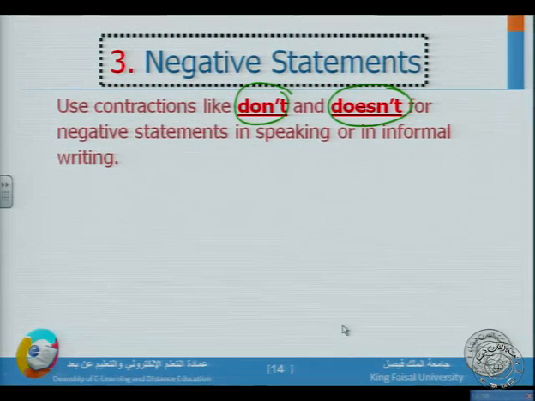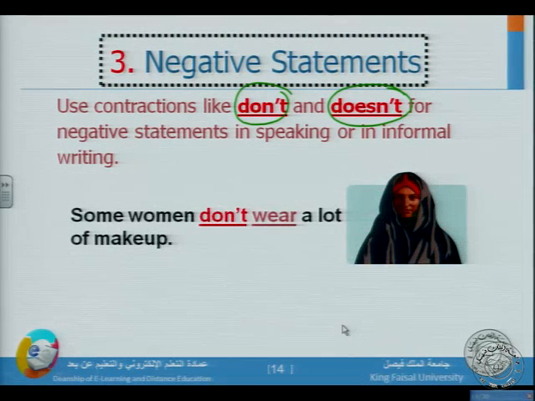So we use these contractions for negative statements in speaking or in informal writing. Some women do not wear a lot of makeup. ليش don't؟ Or some women don't wear a lot of makeup. ليش don't؟ Because women is plural. This is a plural subject.